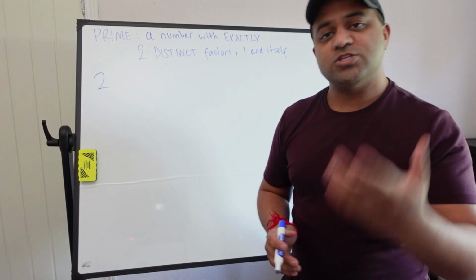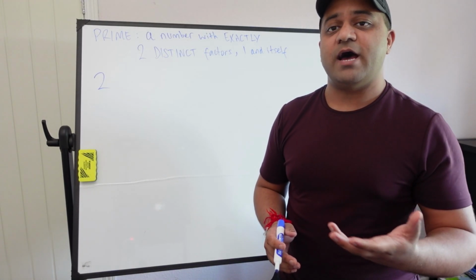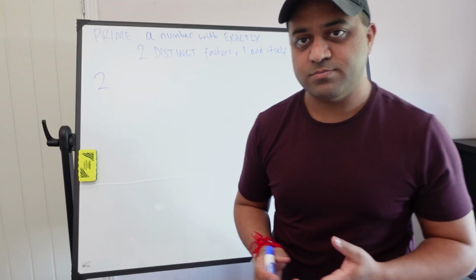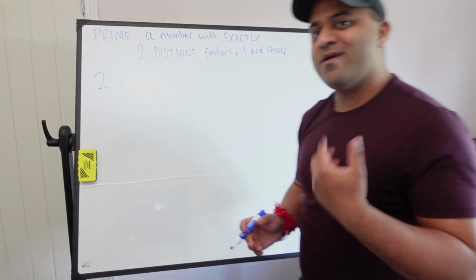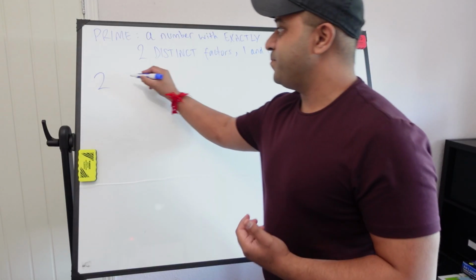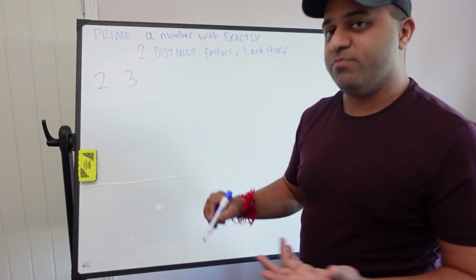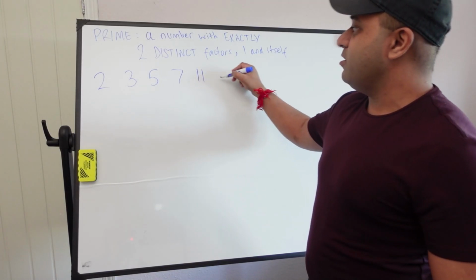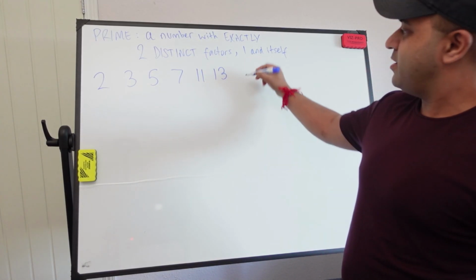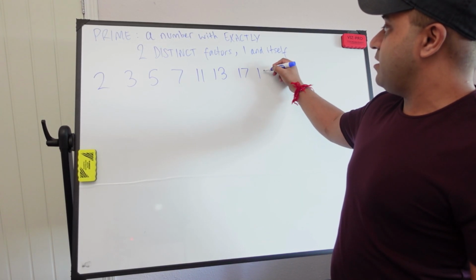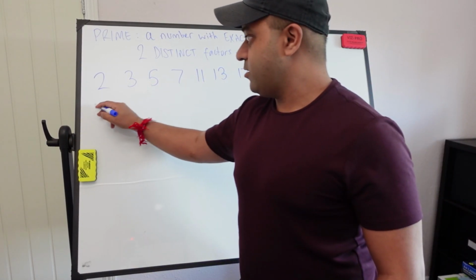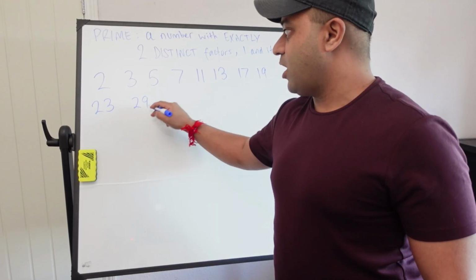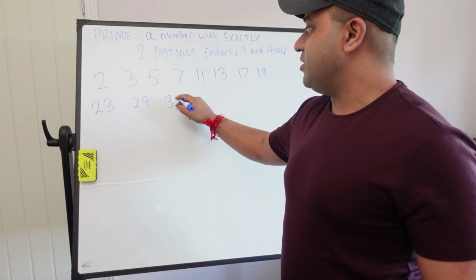So, we'll build up our list now of the prime numbers that you'd be expected to recall and remember in your exam. Starting with the number 2, then is the number 3. Then we have the number 5, 7, 11, 13, 17, 19, 23, 29, 31.